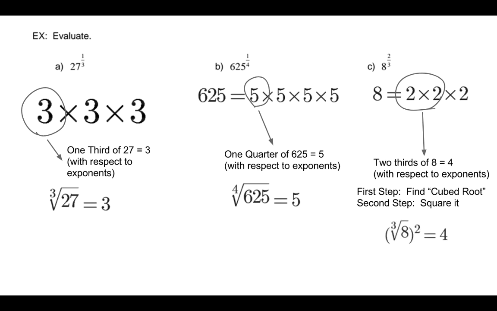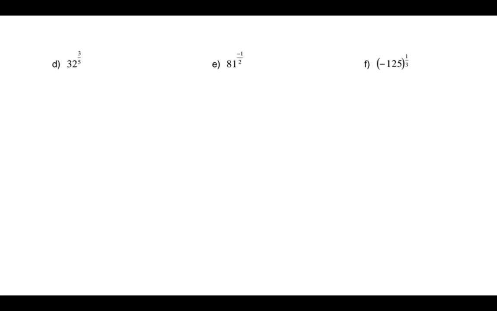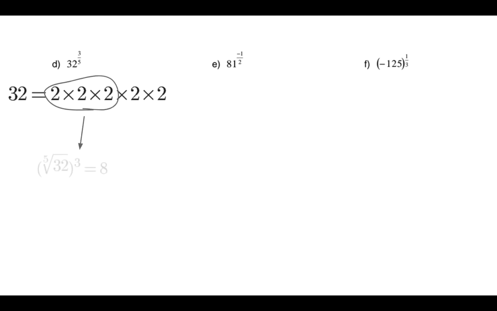So we get a method for how to break up exponents with fractions: it's the cube root of 8, squared, which is 4. Next, 32 to the 3/5. 32 broken up into 5 parts is 2's, and we take 3 of those, we get 2 times 2 times 2. So the 5th root of 32 gives you the 2, and then 2 cubed, which is 8.